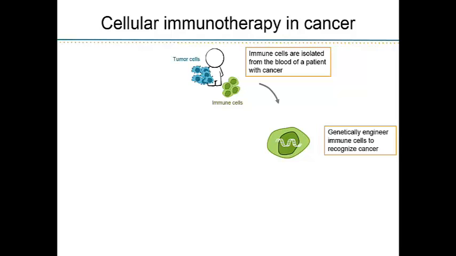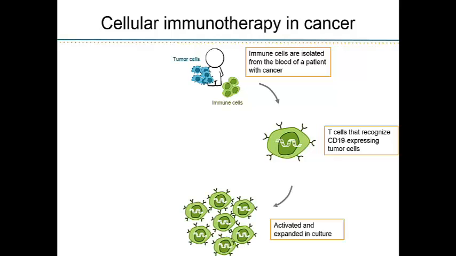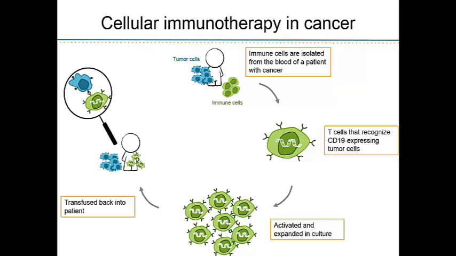In the case of the Bentown Center, we're creating T cells that are made to recognize CD19 expressing tumor cells. We activate and expand them in culture, and a few weeks later, we're able to transfuse them back into the patient, with the idea that the T cells we created can now selectively recognize the tumor cells and kill them.